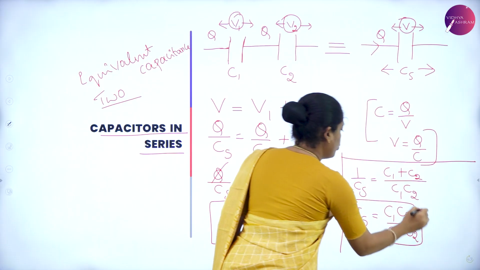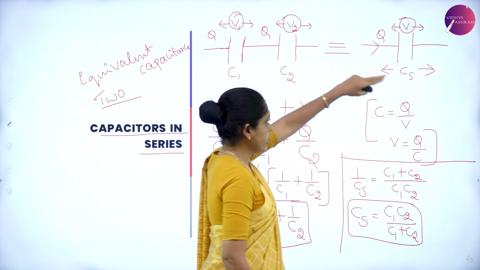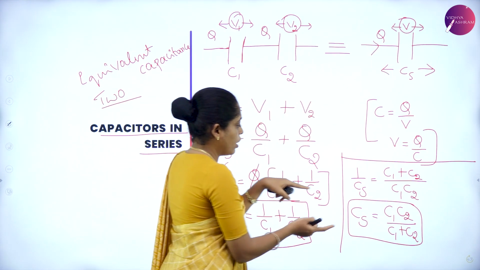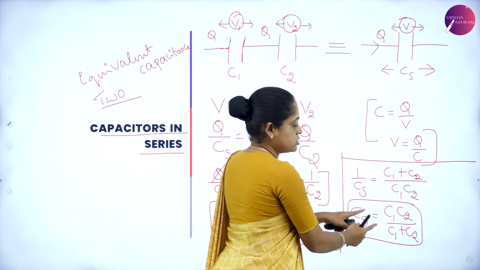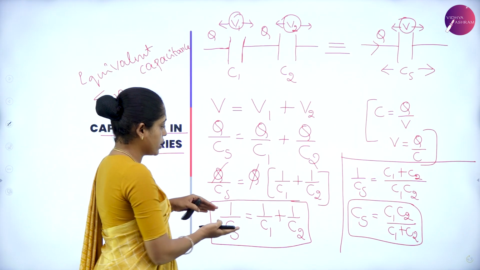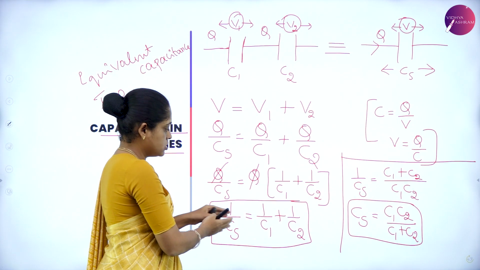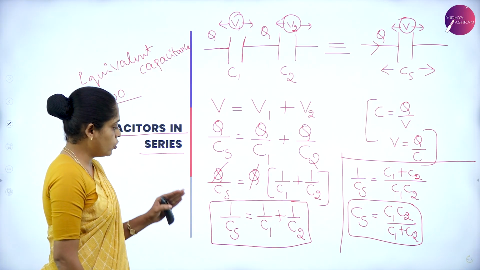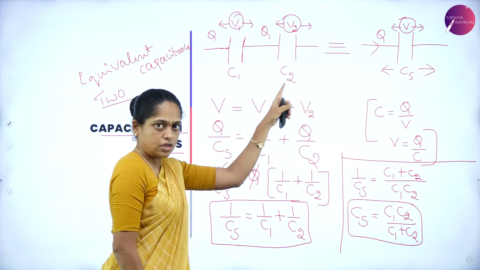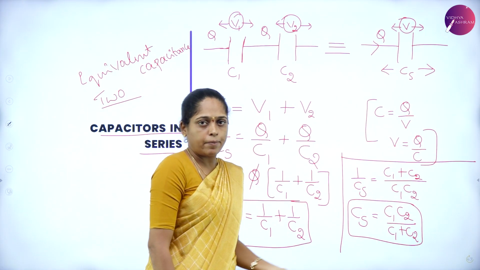So if you have two capacitors in series and you want to find the equivalent capacitance of this combination, then you have to use this formula, which is Cs is equal to C1 C2 by C1 plus C2, or else you can stop the derivation where 1 by Cs is equal to 1 by C1 plus 1 by C2. C1 and C2 are the capacitances of the two capacitors and Cs is the capacitance of the equivalent capacitor.